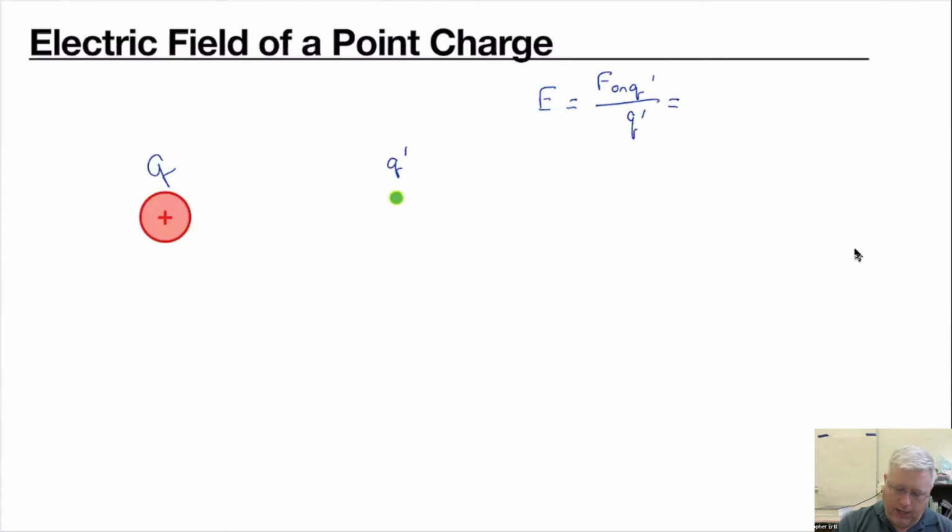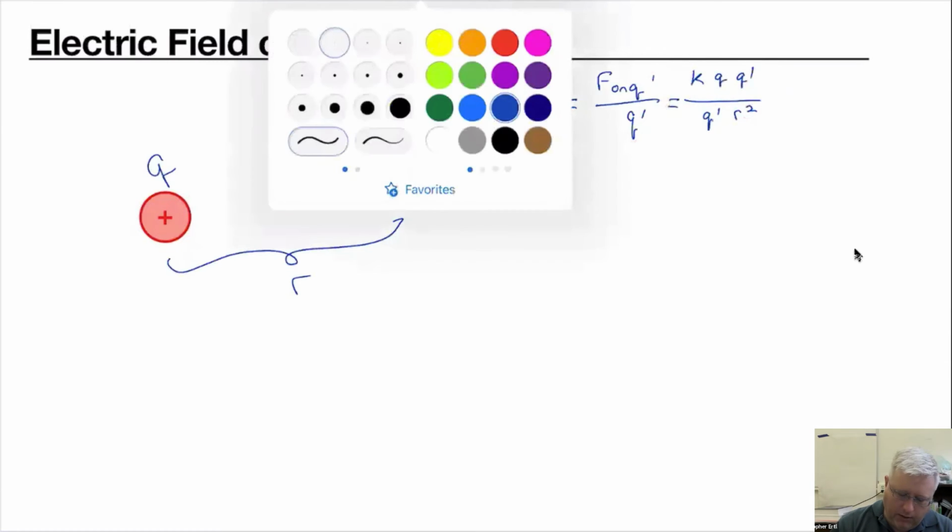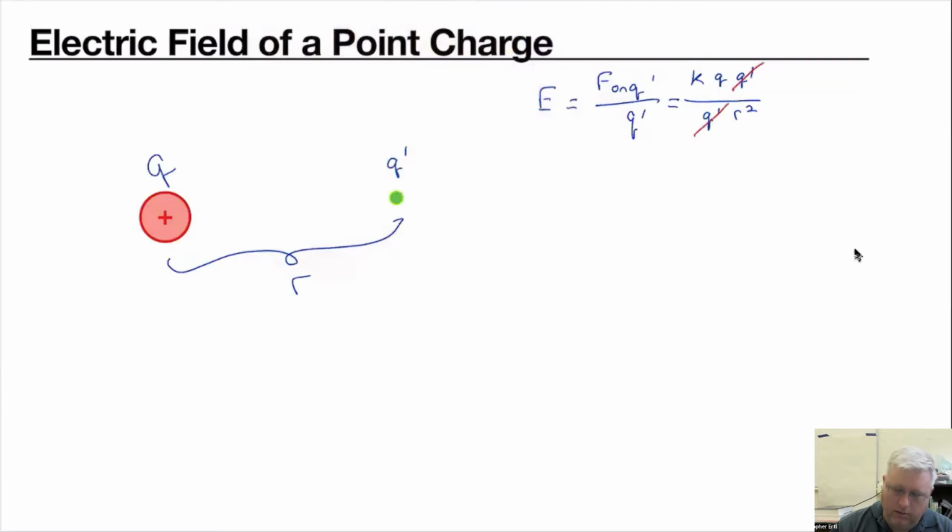So that's K times the magnitude of Q times the magnitude of Q prime over R squared, this distance squared. That's the force. The electric field is force divided by Q prime. So we have the force here, and let's throw our Q prime in there. And right away, what do we notice? It doesn't matter what the test charge is. It cancels out.